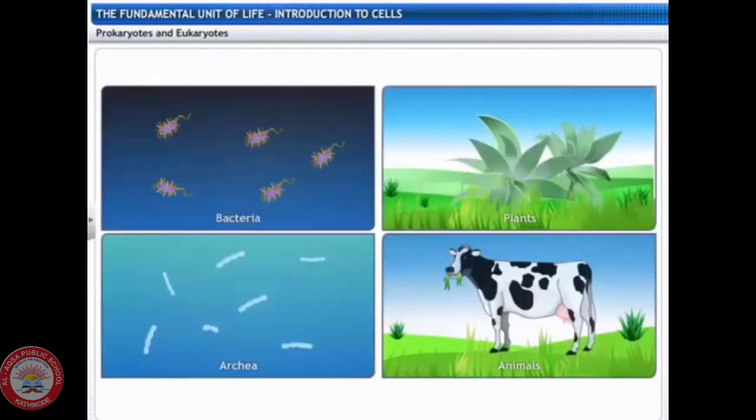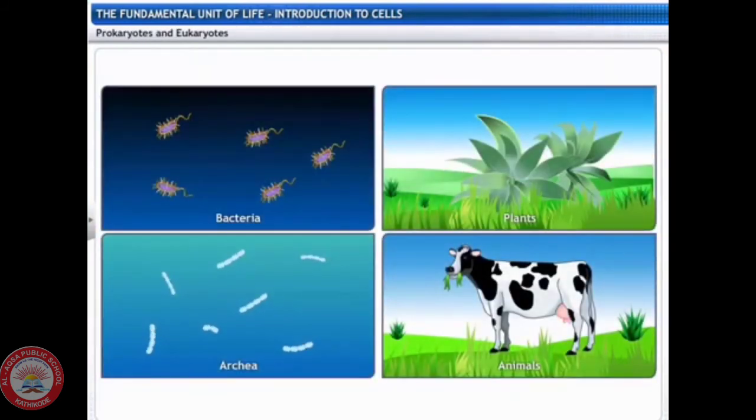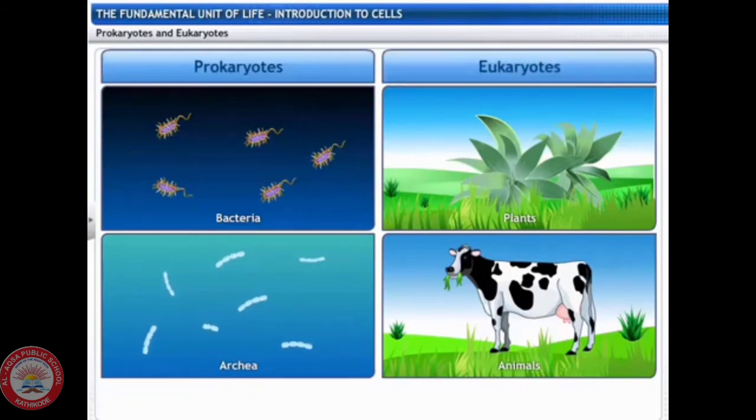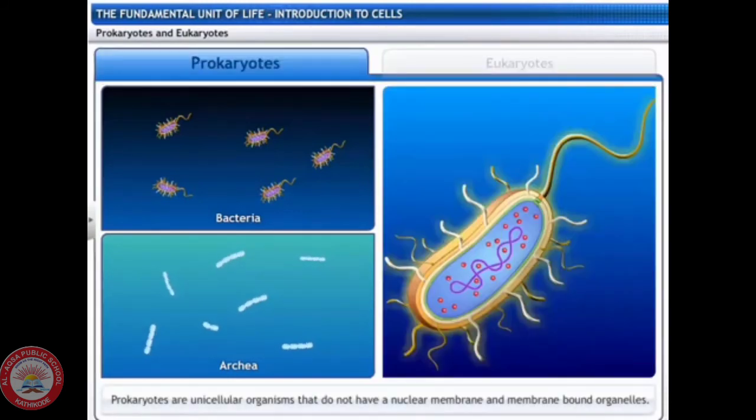Living organisms are also classified into prokaryotes and eukaryotes. This classification is based on their cellular structure. Prokaryotes are single-celled organisms which lack a nuclear membrane and any membrane-bound organelles. Bacteria are examples for prokaryotes.